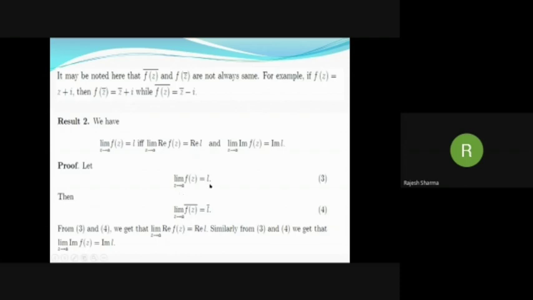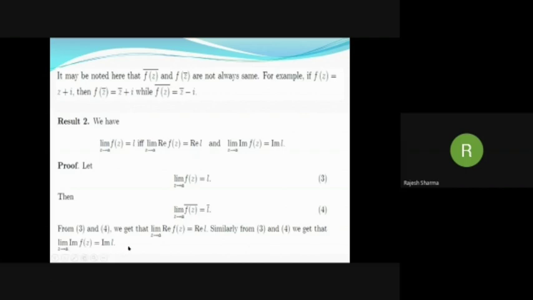And on the right hand side, we have 2 times the real part of L. So cancelling 2 on both sides, we have limit z goes to a real part of f(z) is equal to the real part of L.